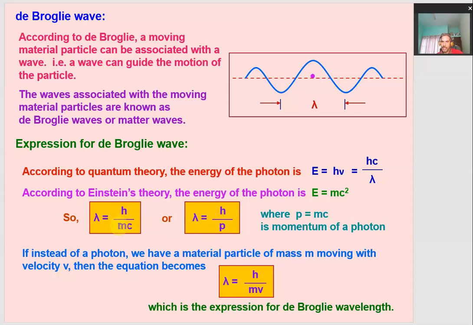Here it was mc, now it is mv, because the material particle is moving with velocity v. So this is the expression for calculating the wavelength of the de Broglie wave, or we can say the matter wave, associated with the material particle.